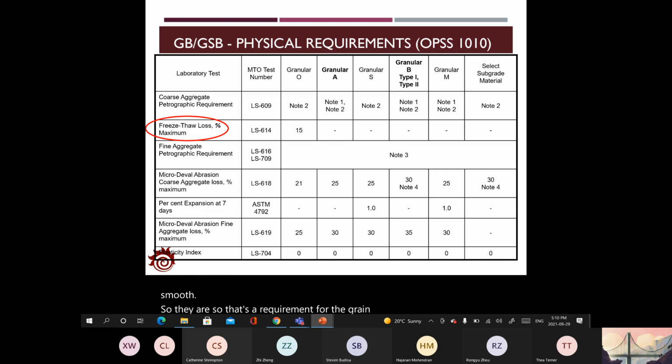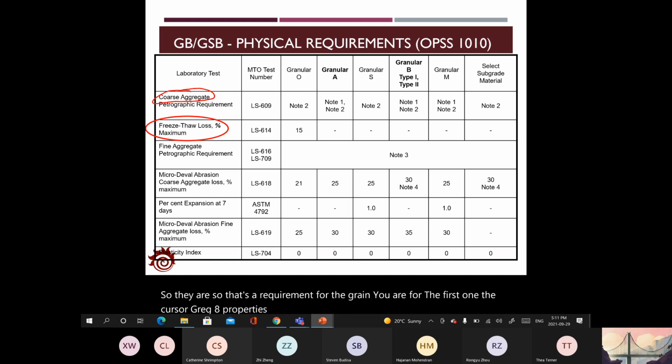For the first one, the coarse aggregate properties, as you will know, you can do the LA abrasion test or the micro-Deval test to identify the properties of different materials, and then check whether they are appropriate for the base or subgrade, subbase aggregates.